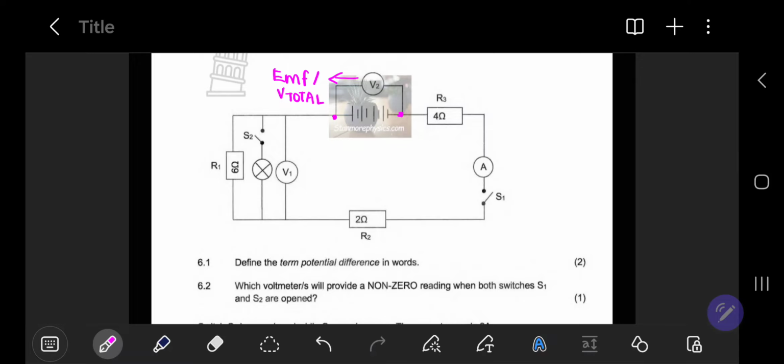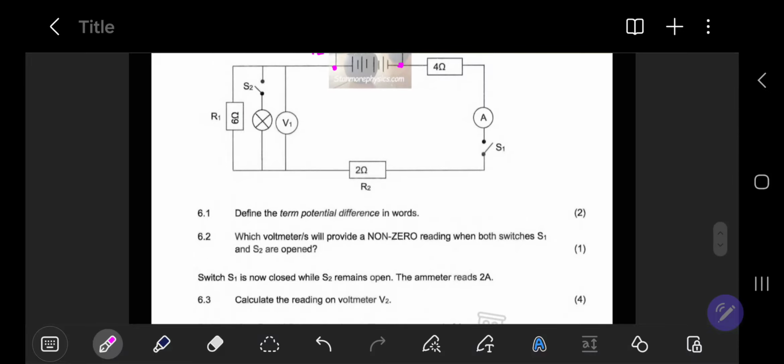What about V1? V1 here is measuring the voltage through the resistors. But if the switches are opened, there is not going to be any current going through the resistors, therefore there will be no voltage. So V1 will not have a reading, but V2 will. So 6.2, the answer is going to be V2.